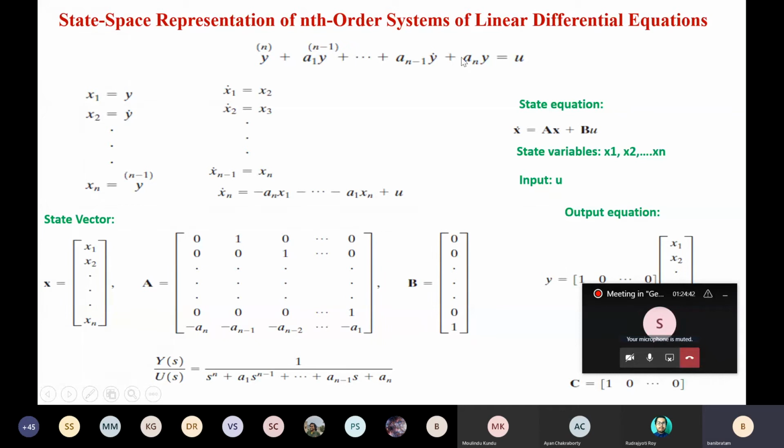Fine. So from here, minus an y means, y means x1. So this is the first term: minus an x1, minus a(n-1) x2, dot dot dot, minus a1 xn, and here already in the right hand side u was there, so this will be the u.